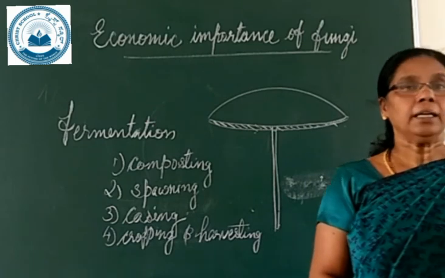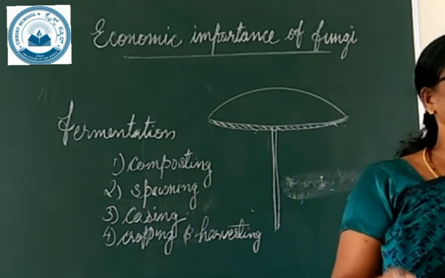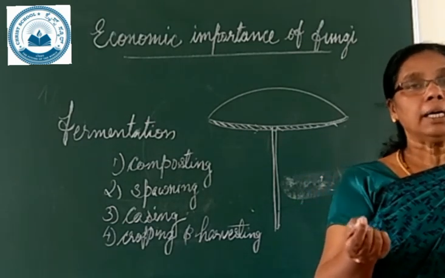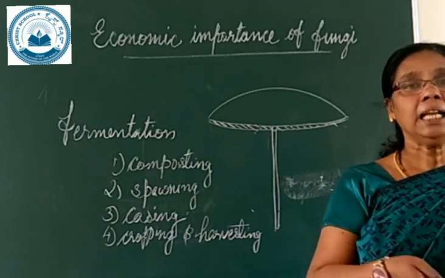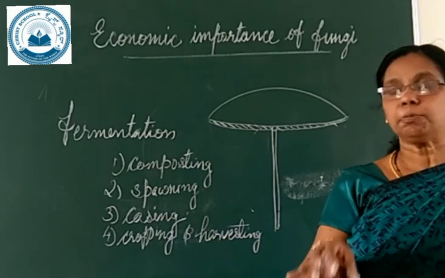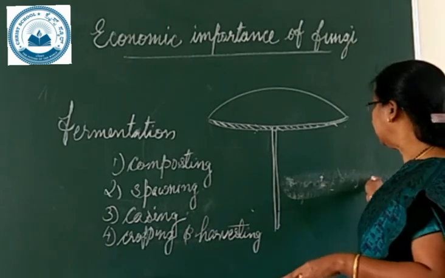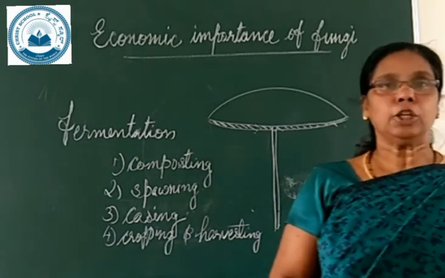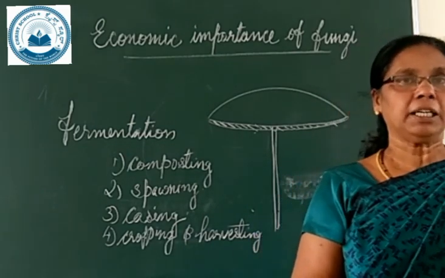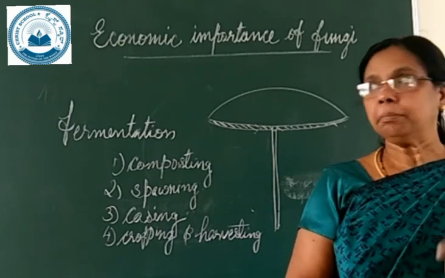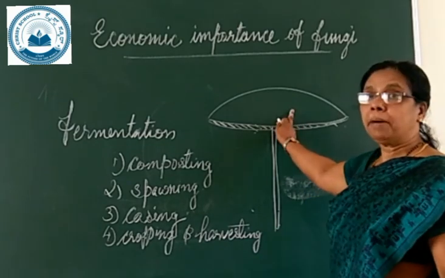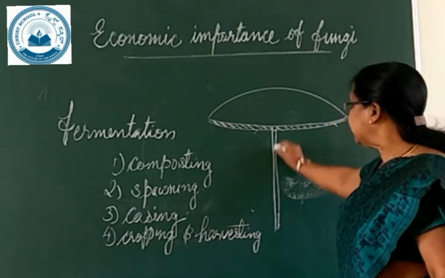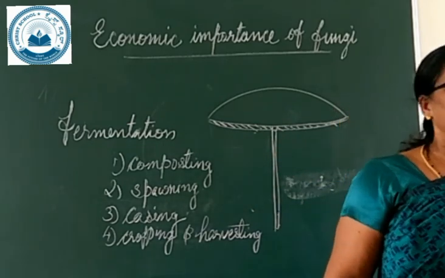So during cropping and harvesting, first it appears as a small pinhead-like region, then the hyphae and mycelium spread on this compost, and then slowly the button-like structure comes out, that is nothing but the cap of the mushroom, and clearly the stalk will also be visible.